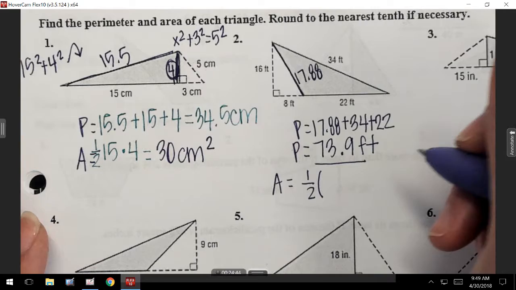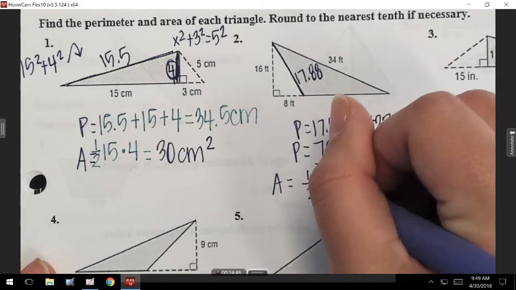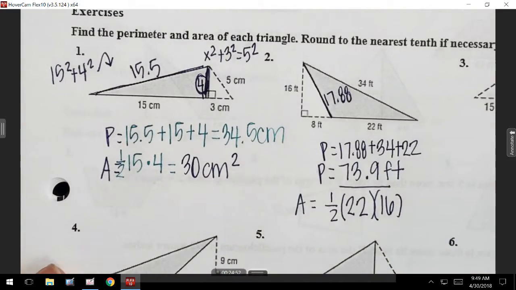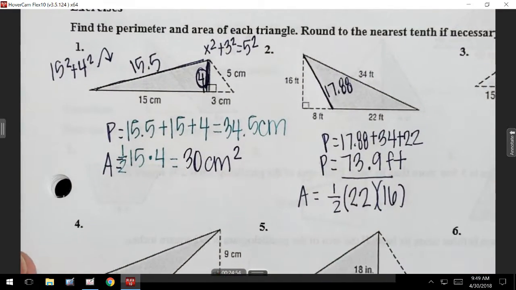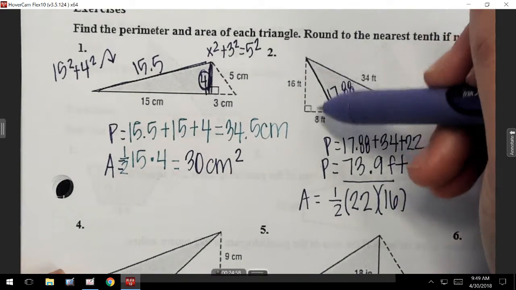What's your base for the area? 20. And what's the height? Your height has to be the one that's straight up and down. So the height is not 17.88. The height is 16.